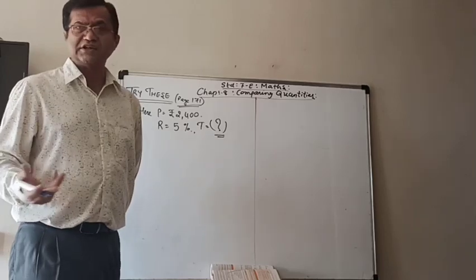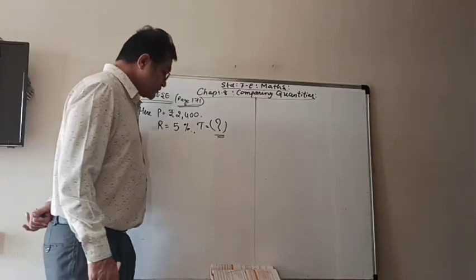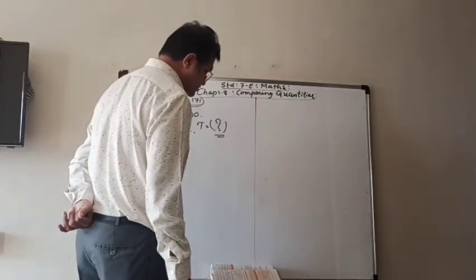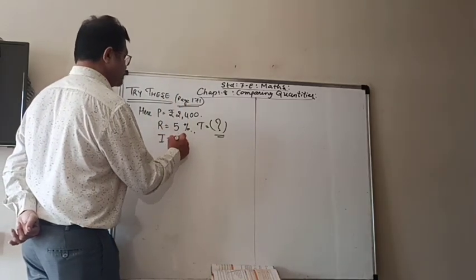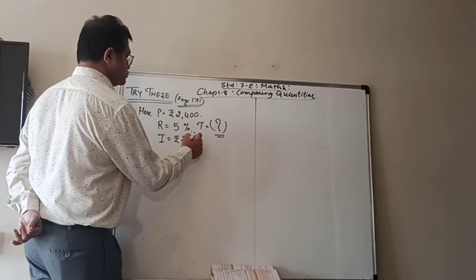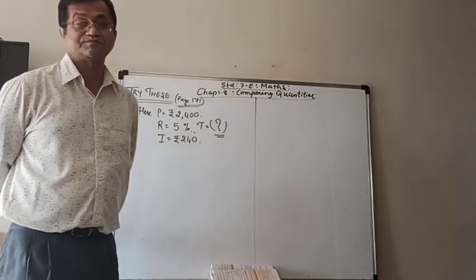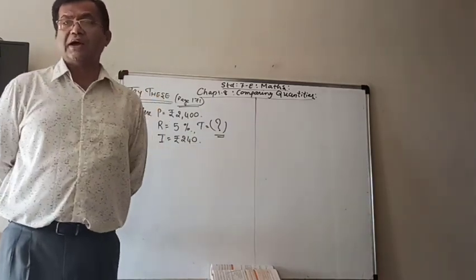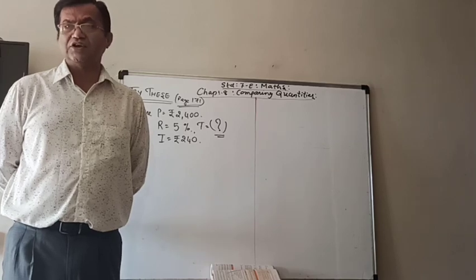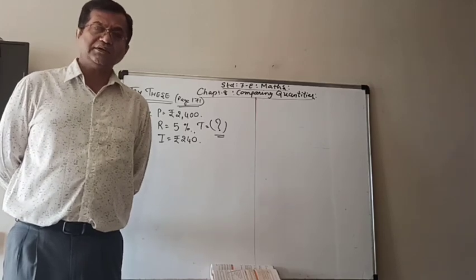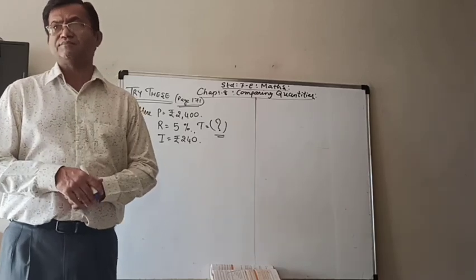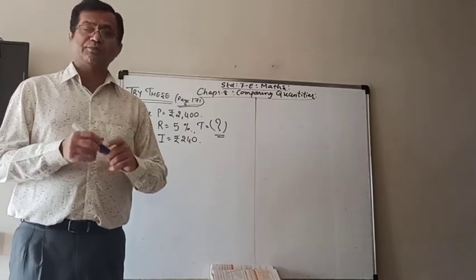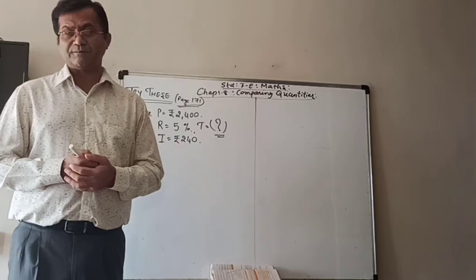How many years means T is not given, and you will get an interest of rupees 240. So interest I is equal to rupees 240. So whenever you attempt the question, just read the question one sentence at a time and then write down together the given information and what is to be found.